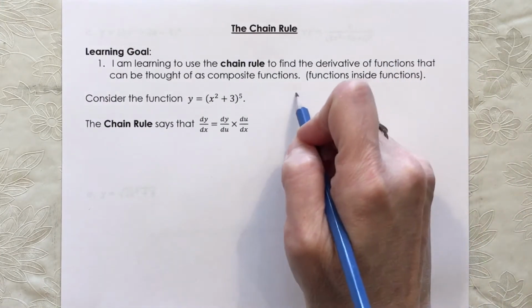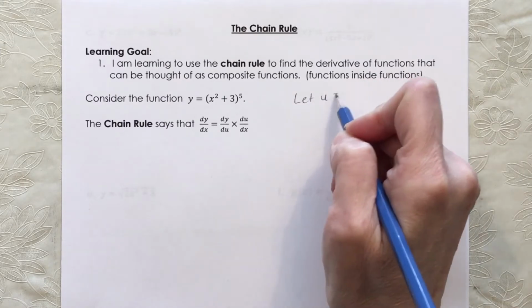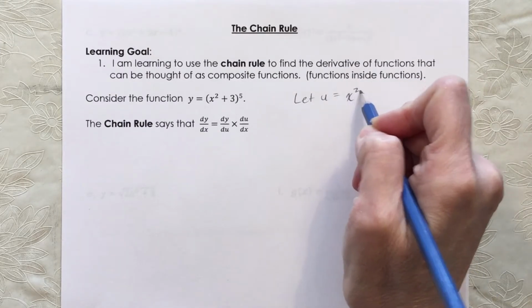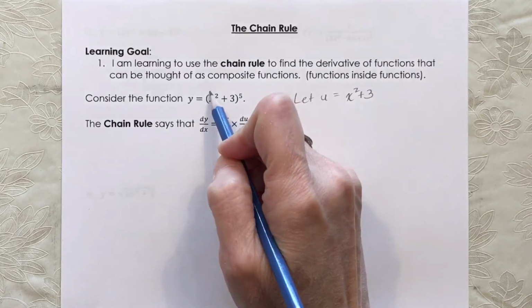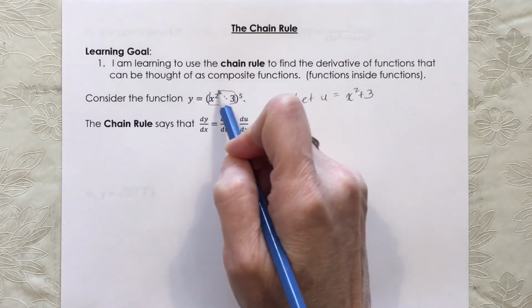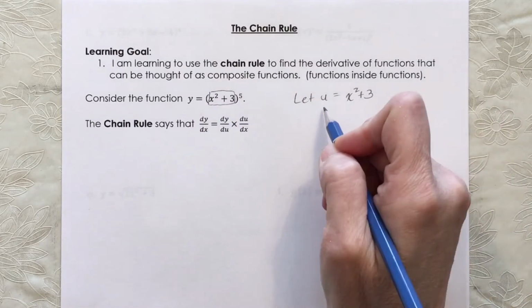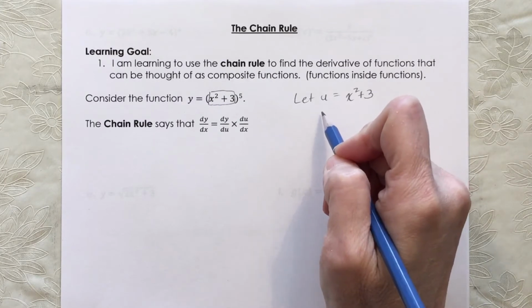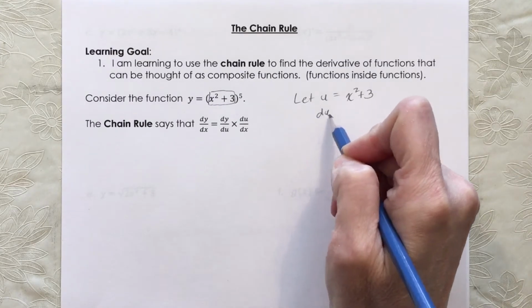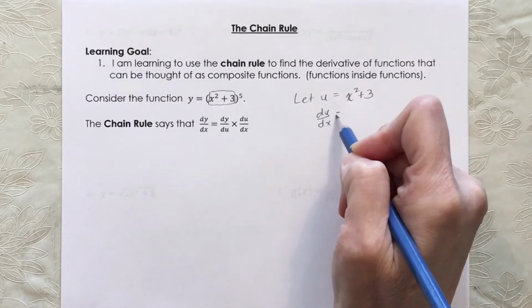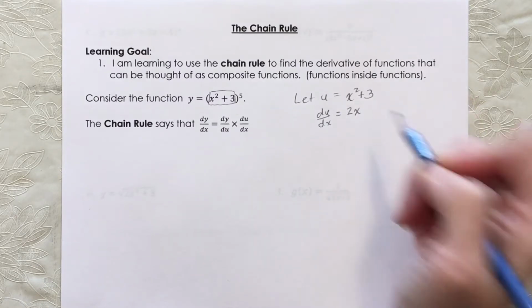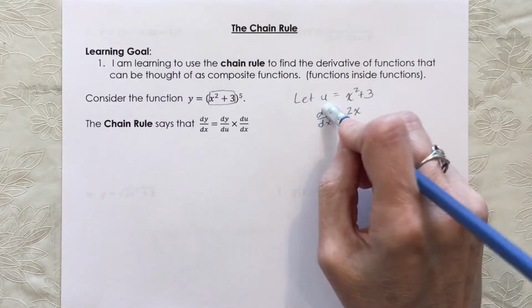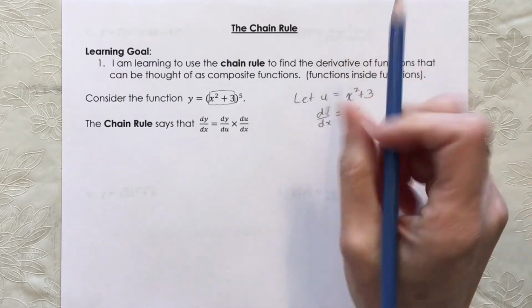If I let u equal x squared plus 3, so I'm letting u be what's inside the brackets, then I think we can agree that u prime, or du by dx, would be 2x using the power rule.